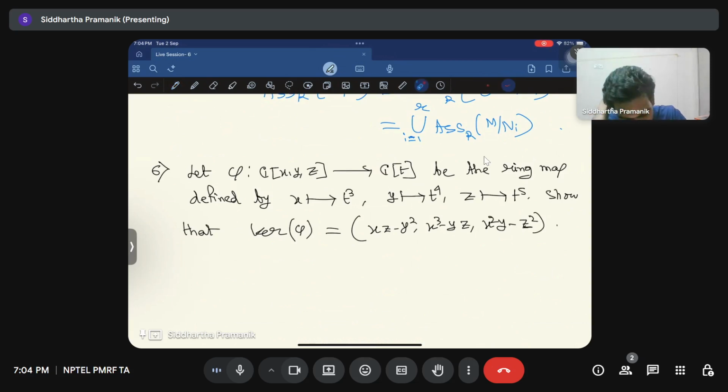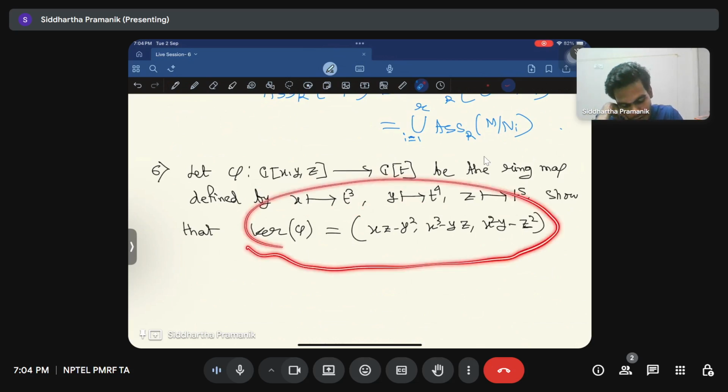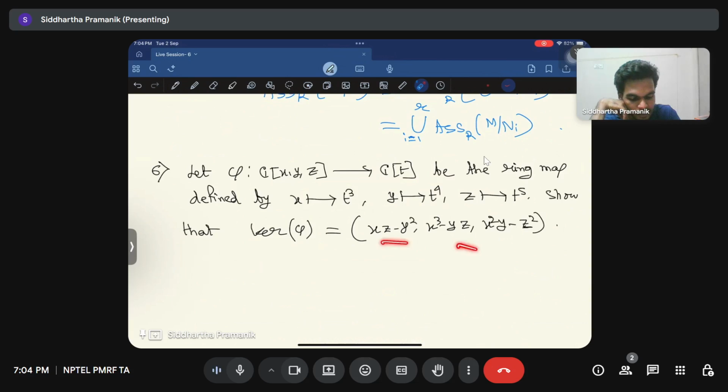So we are given a ring map defined by this: x goes to t^3, y goes to t^4, and z goes to t^5. We need to prove that the kernel is this ideal generated by these three polynomials. You can do it by Macaulay2 by using the known commands, but let's try to do it by hand.